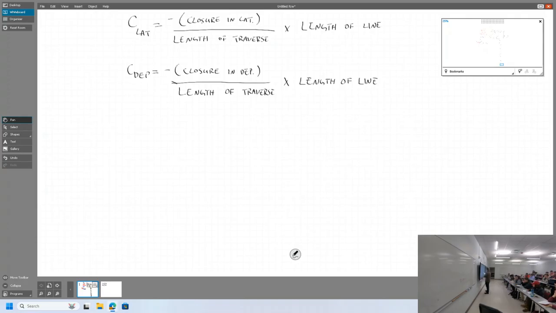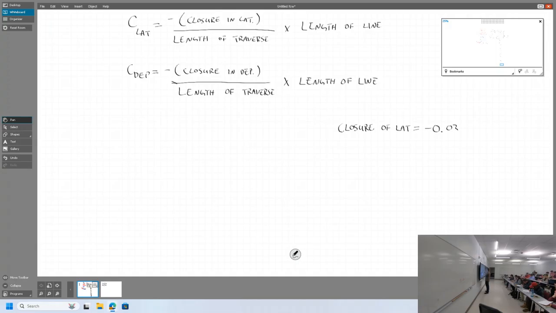So down here, I'll put it on the side note. The closure in latitude is negative 0.038.